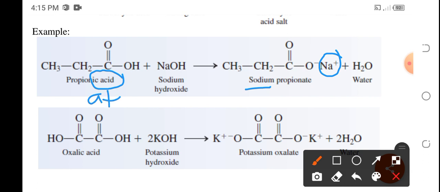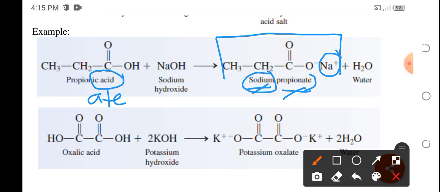So that would be propionate. The propionic acid then becomes propionate, and overall the carboxylic acid salt for this reaction is sodium propionate. Always remember, the sodium or the metal is the part from the strong base in this salt, and the propionate part is the carboxylic acid part of this carboxylic acid salt.